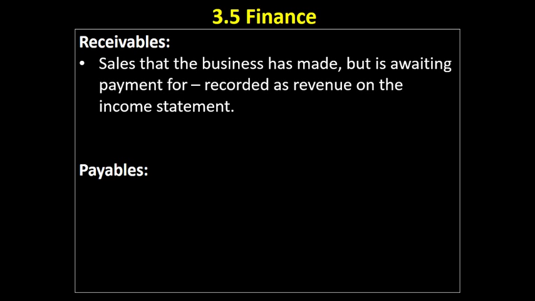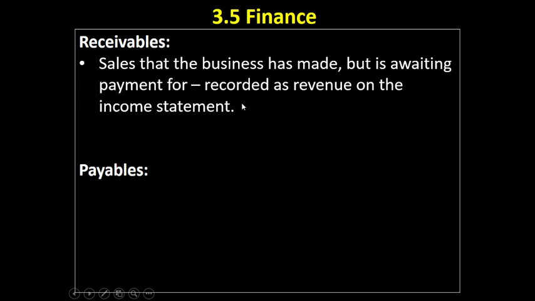This is actually a key point here. So receivables, these are credit sales that the business has made. So it's made the sales, it's given the product, but it's awaiting payment for the products, which will be recorded as revenue on the income statement.